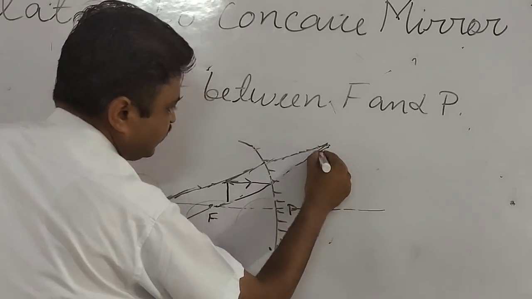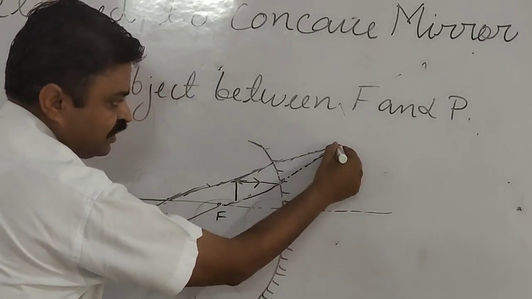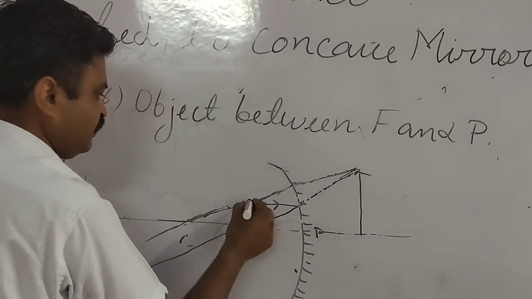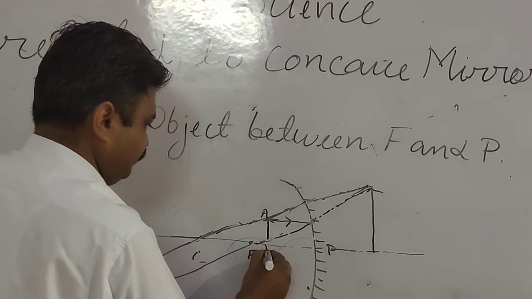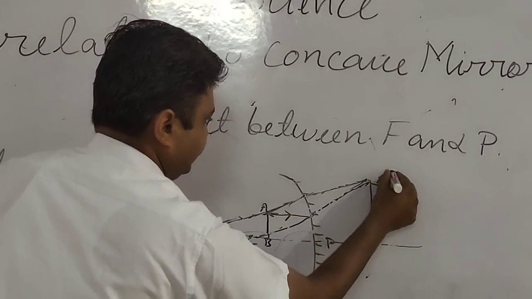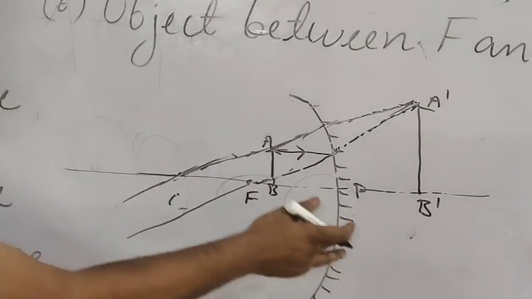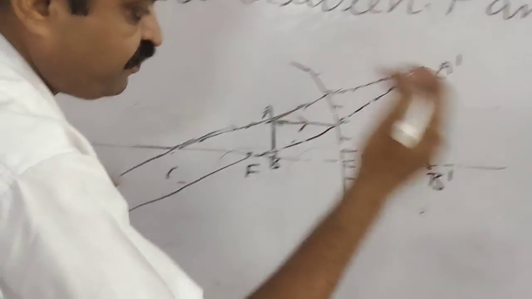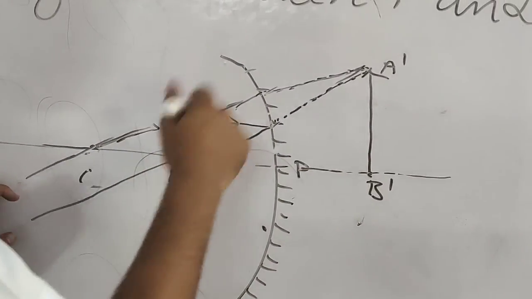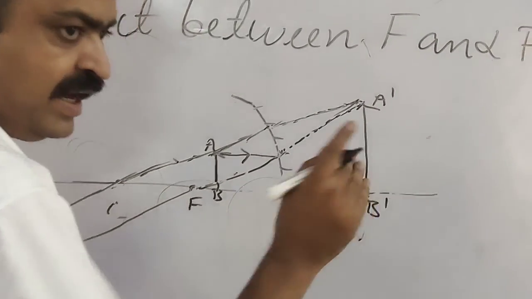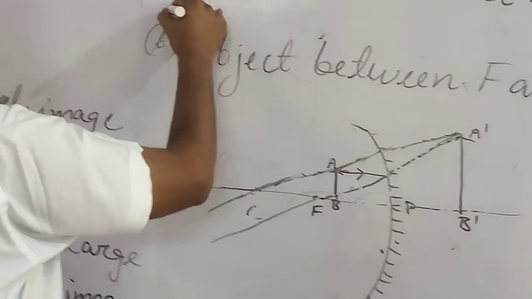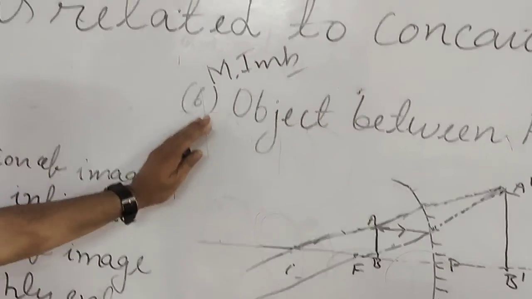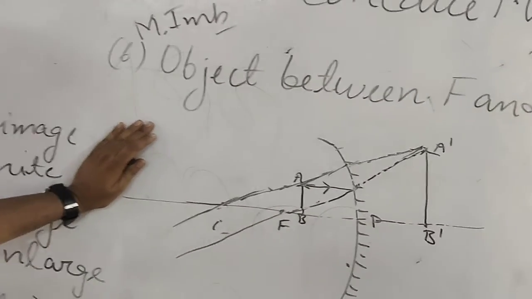So these rays we will show as dotted. The image will be formed here. It is AB, the object, and it is A dash B dash, and the image will be formed behind the mirror, not in front of the mirror, and it will be virtual and erect. And it is the exception, student, so you will learn it. It is the most important ray diagram because it is an exception.